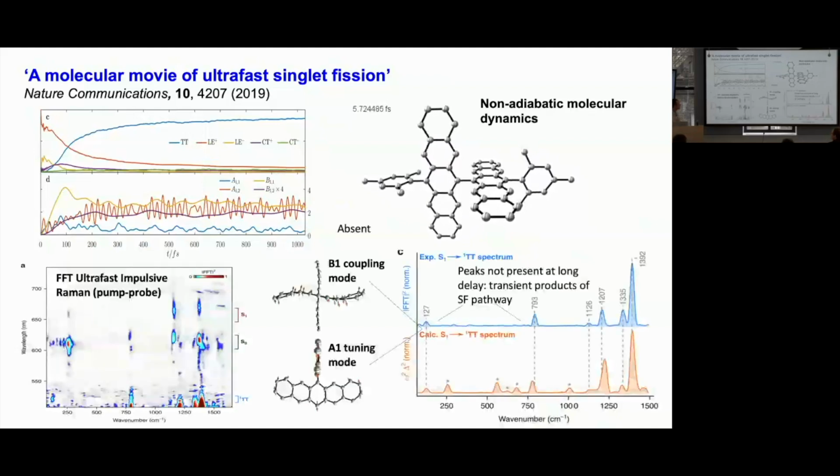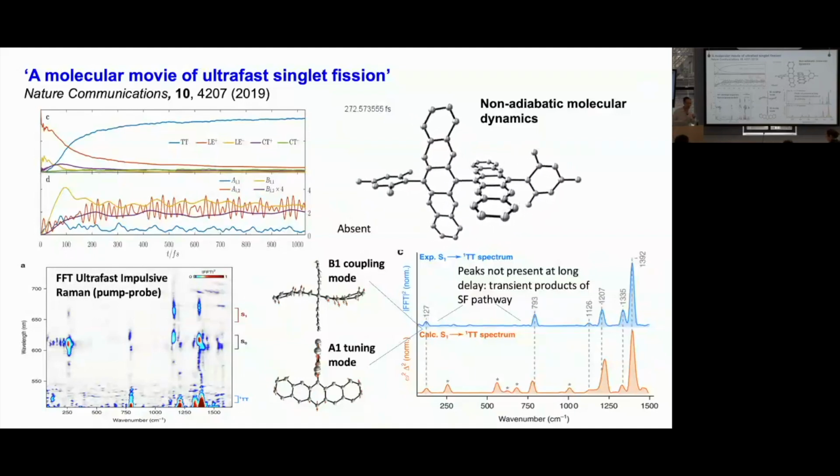For this particular molecule, what we could do here is go back to that original basis before we turned everything into chains and look at what the actual normal modes are that contribute most to the dynamics in those different phases. From those predictions we can compare things like ultrafast impulsive Raman, so pump-probe, where you pump the system, let some little time delay happen, and then do a Raman experiment.